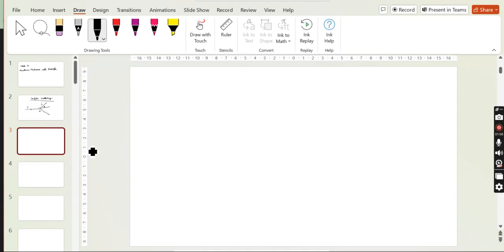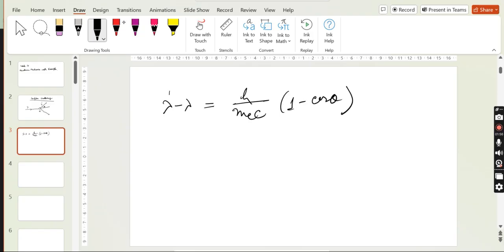The most useful formula in Compton scattering is lambda dash minus lambda, because the photon loses energy, that is, the frequency decreases, so lambda increases. So lambda dash minus lambda is equal to h by m_e c times (1 minus cos theta).